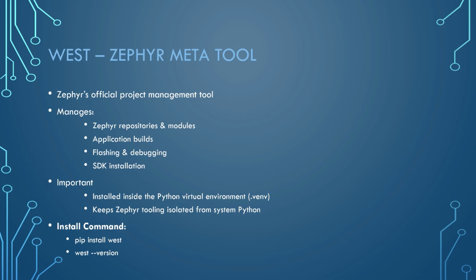It acts as a single command line interface that understands how Zephyr projects are structured and how all the pieces fit together. West is responsible for managing the Zephyr workspace, handling multiple repositories and modules, building applications, flashing binaries to hardware, and even installing the Zephyr SDK.